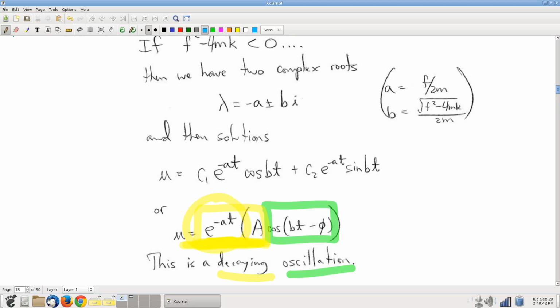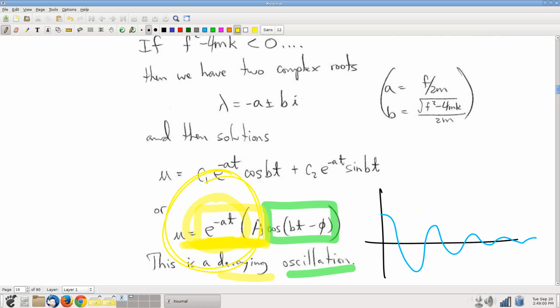And so as we sort of anticipated, this actually looks kind of like that. This decaying exponential is controlling how the amplitude decreases. Okay.